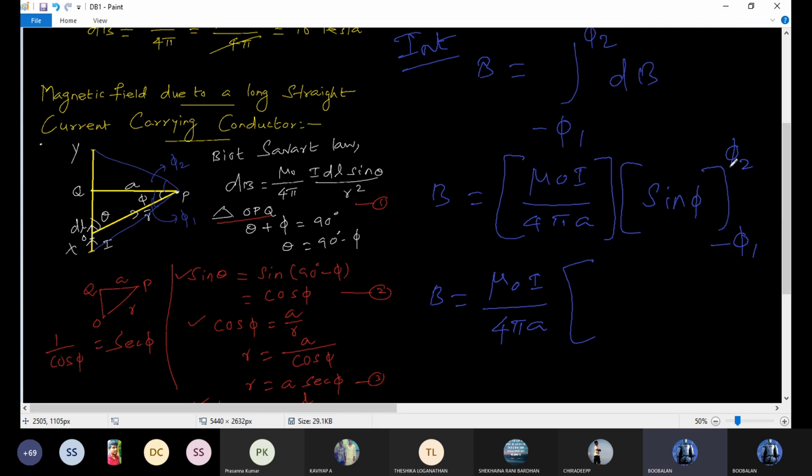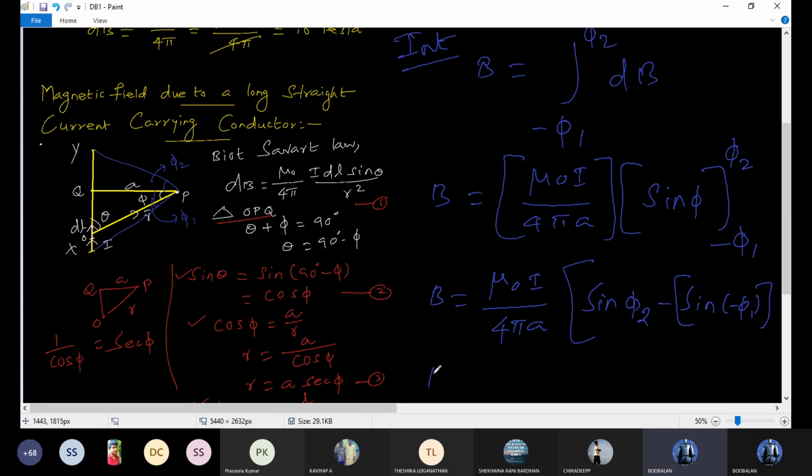So upper limit sin pi 2, lower limit, I will write minus, this is the formula, minus sin pi 1.